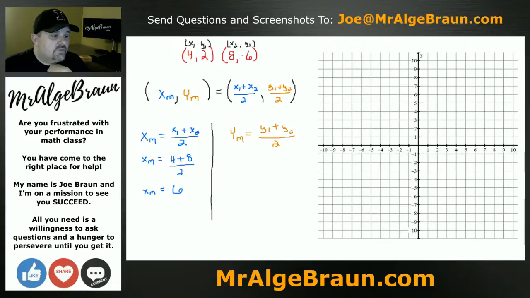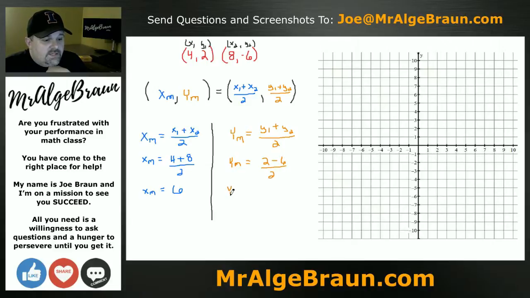Now I'm going to switch over to orange, and we'll work the y side. So y sub m is going to equal the y sub 1, which is 2, plus y sub 2, which is negative 6. So I'm going to erase the plus sign and make that a minus, and make this a 6. We're going to divide that by 2.